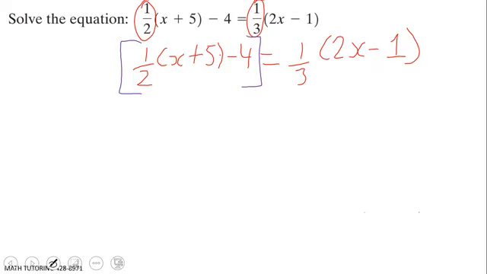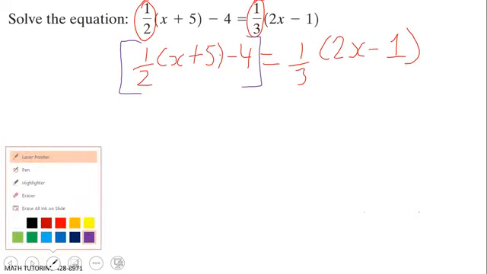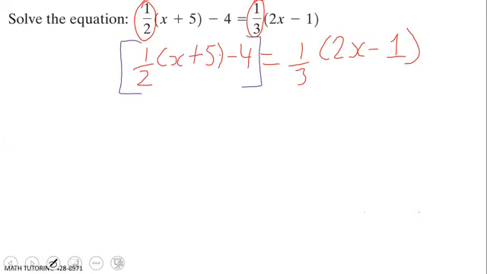That means that every term on this side, this term and the 4, will be multiplied by 6. Every term on this side will be multiplied by the 6, right? That's very important. Okay, let's do this. So we're going to multiply by 6. So here we have our 6 there.